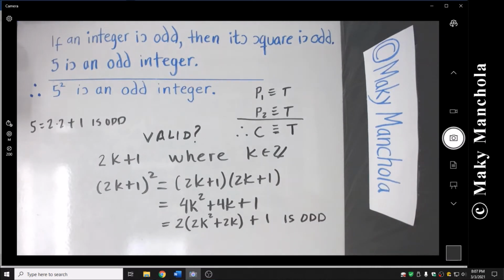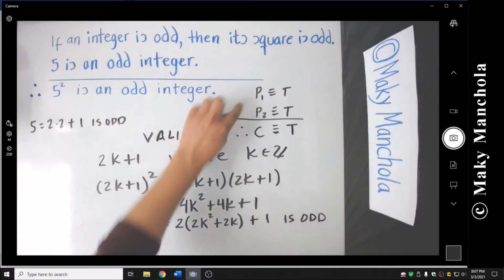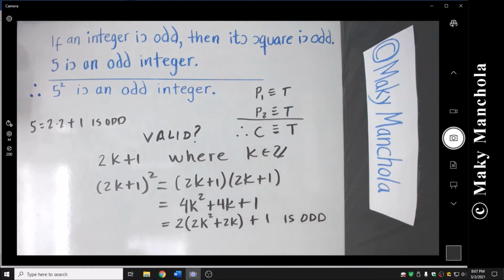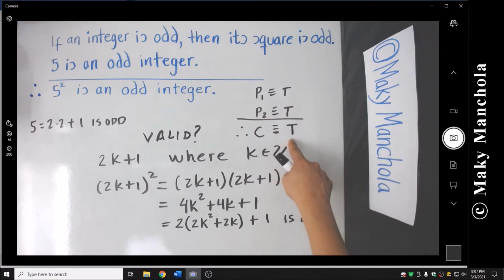So here is our summary. We have this argument. Premise 1, premise 2, therefore conclusion. When both premises are true, that led to the conclusion being also true. So let's go back to our question.